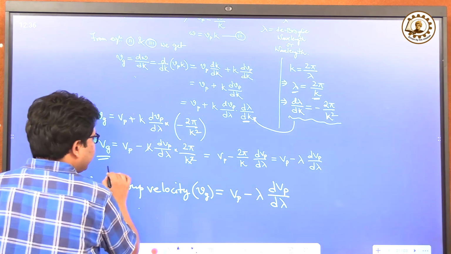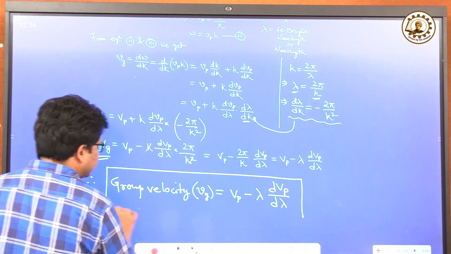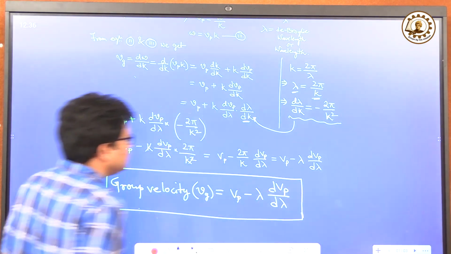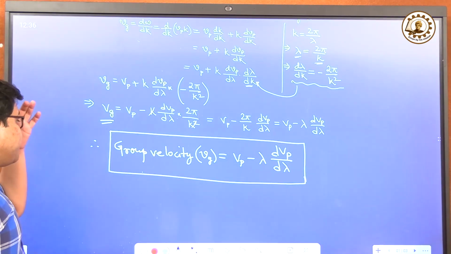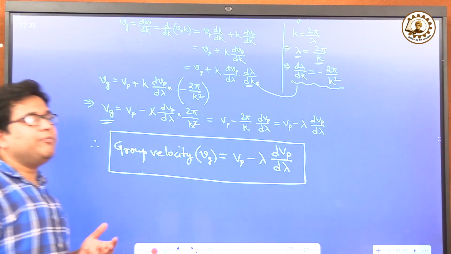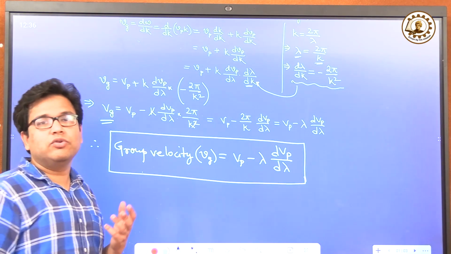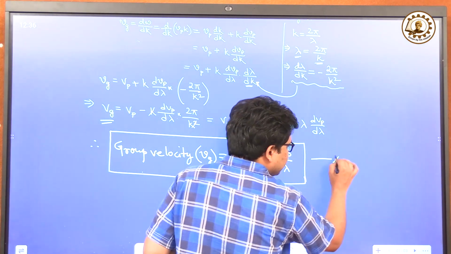So this is our required relation between group velocity and phase velocity. Now, this is a general formulation. What if the medium is dispersive or non-dispersive? So let's see.